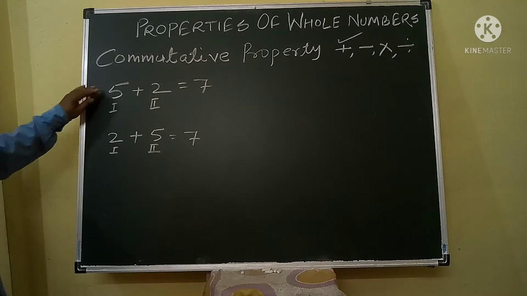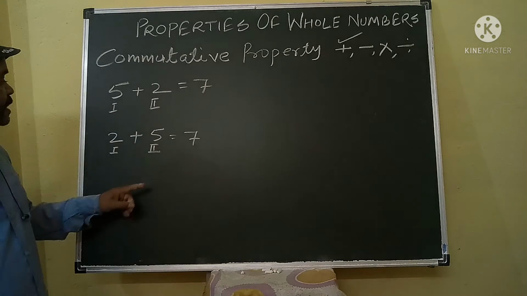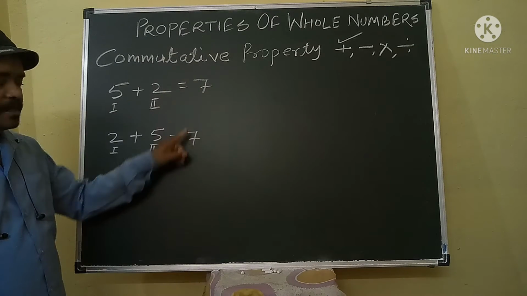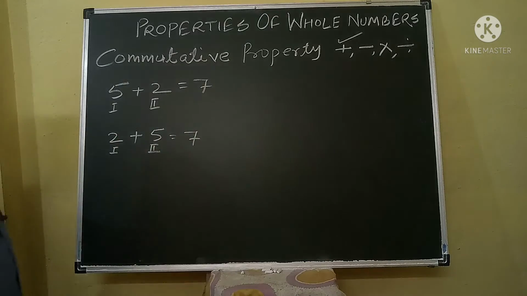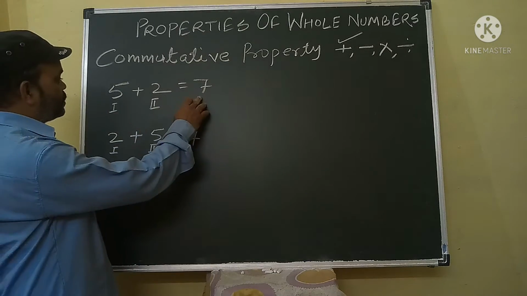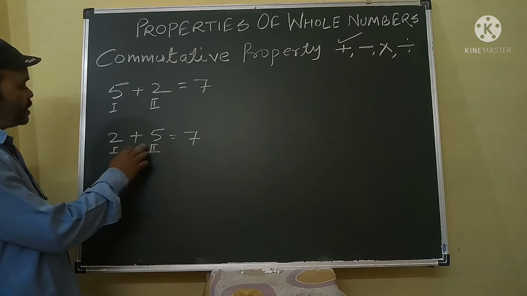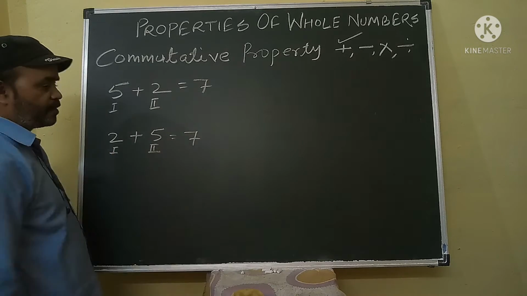That means in both conditions the results are the same. In the first example the sum is 7, and in the second example the sum is 7.